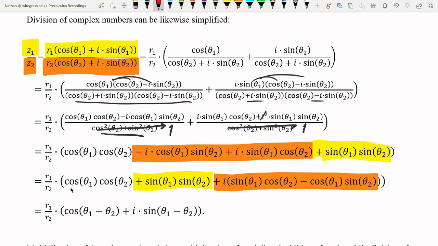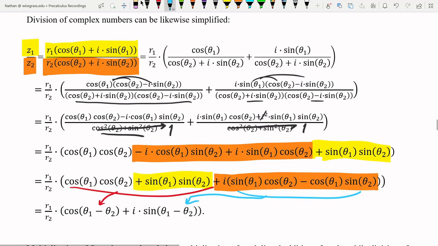At this point, we can use, once again, the sum and difference identities. Okay, and so now you can see that division leads to a division of the radii and a subtraction of the angles.